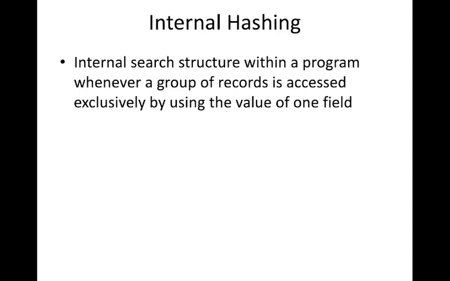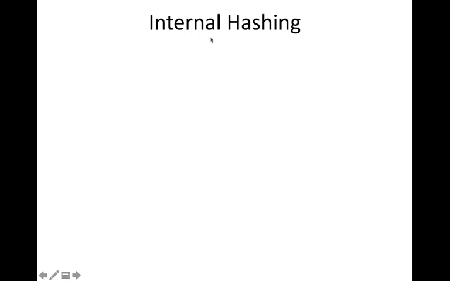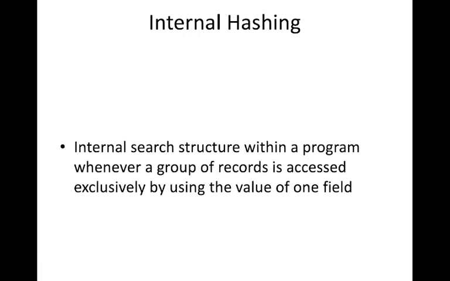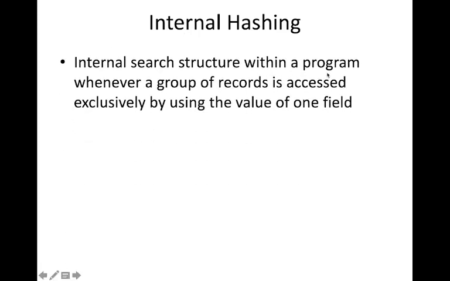So we have some hash function and we apply it and find out where that record is located inside the file itself. That is why it is known as internal hashing. Internal hashing means an internal search structure within a program whenever a group of records is accessed exclusively by using the value of one field.